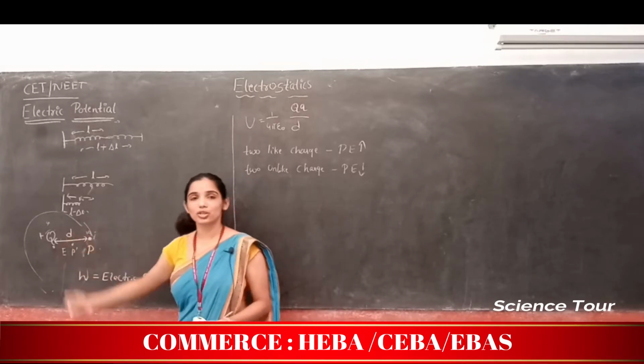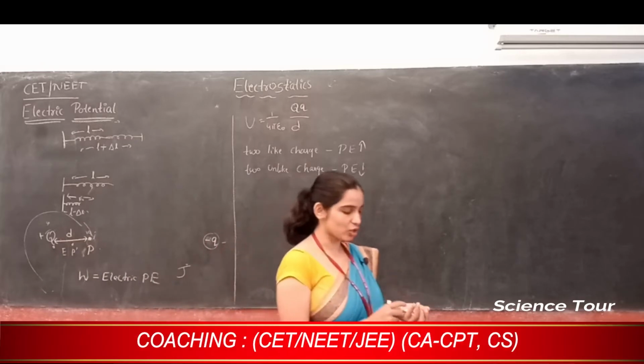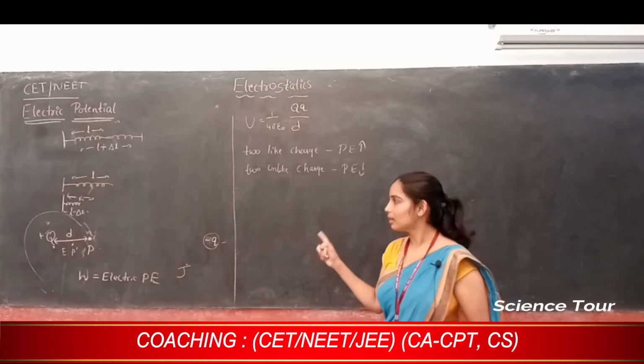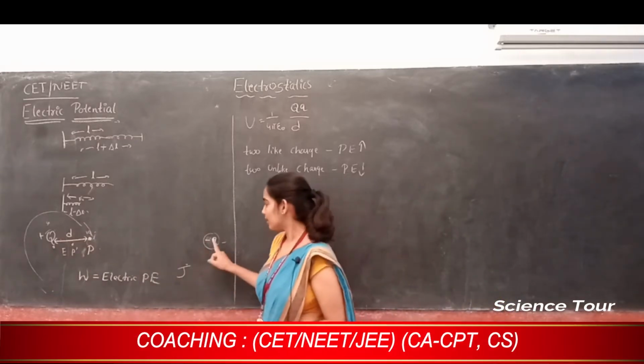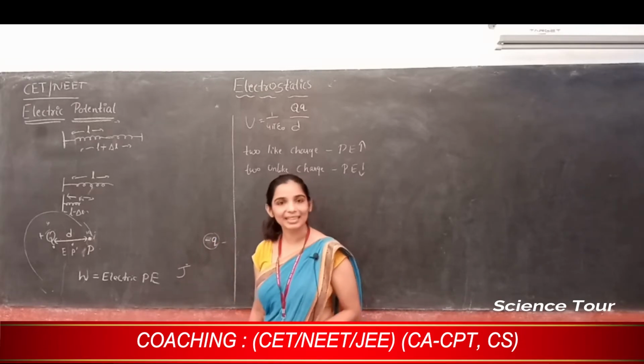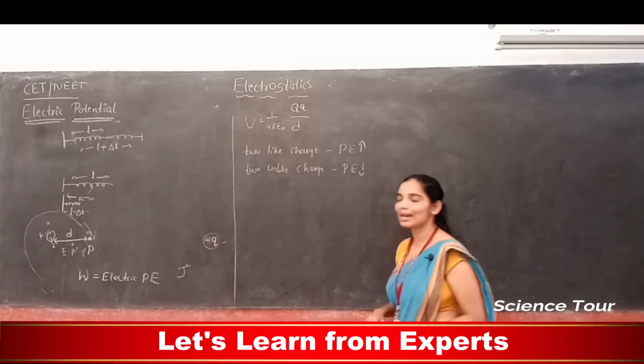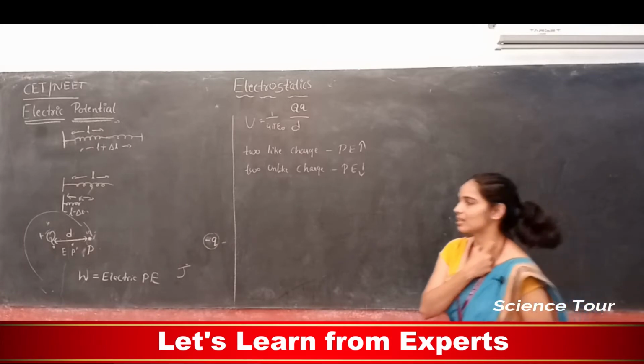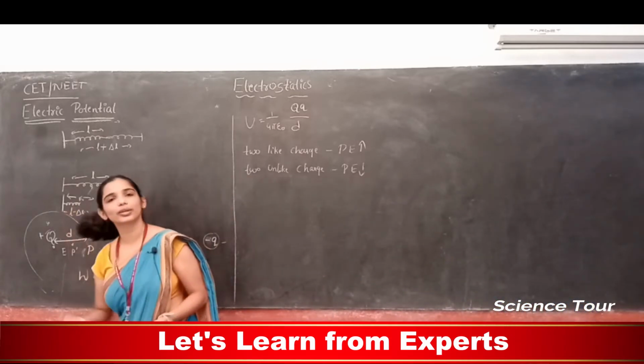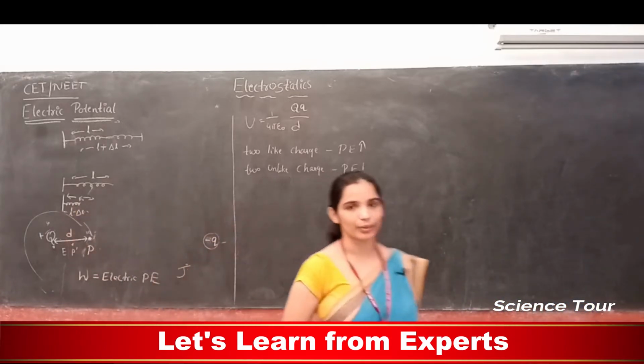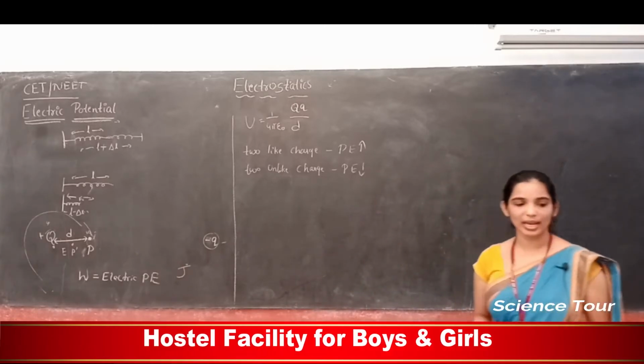So when charges are like charges, potential energy will be increased. When charges are unlike charges, potential energy will decrease. So instead of plus q here, you can take minus q also, right? So this is about potential energy.